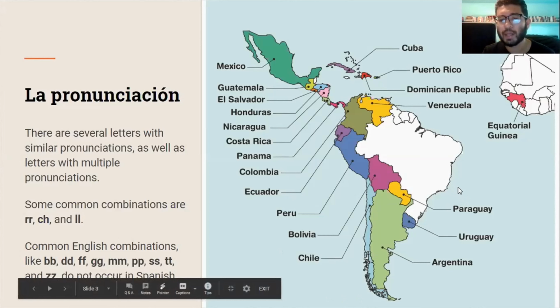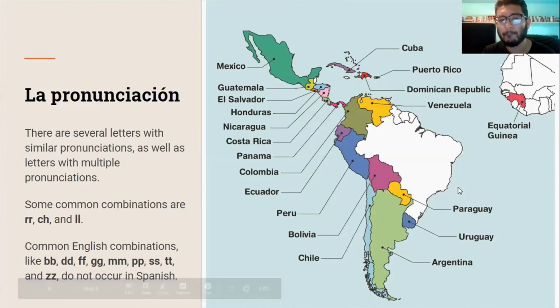So it's important to keep that in mind. There is no one correct, rigid way of pronouncing words in Spanish, but that will tend to vary depending on the region where the Spanish speaker comes from or where the Spanish learner learned the language.